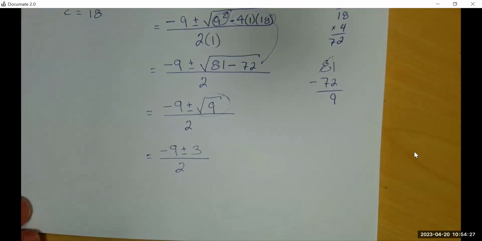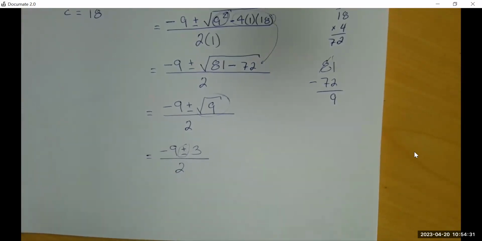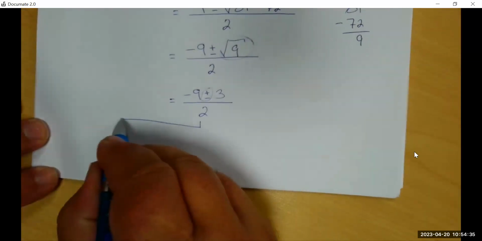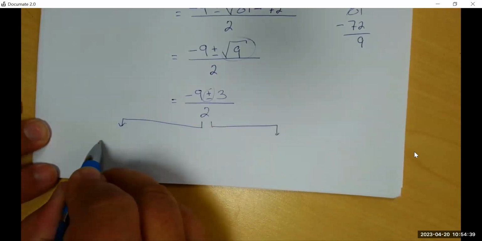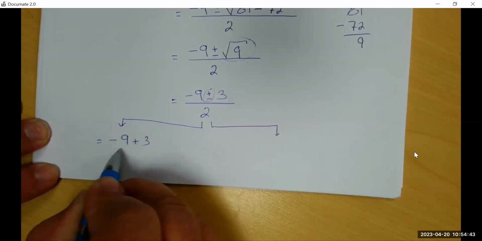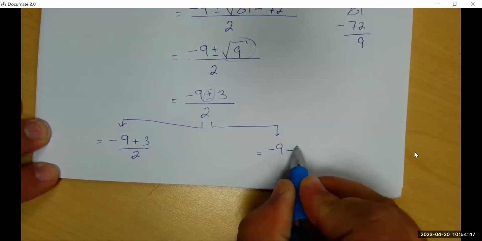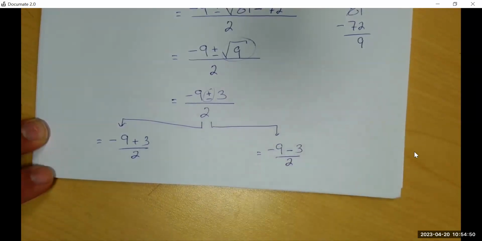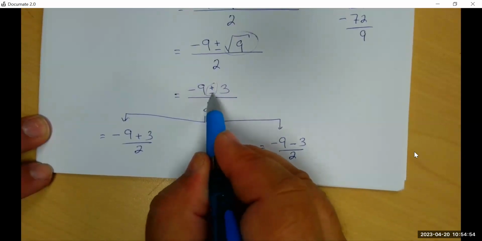All right, so now here's where the plus or minus comes into play. Remember, in quadratic equations, you have 2 solutions. You have negative 9 plus 3 over 2, and negative 9 minus 3 over 2. So you have to take 2 equations here. One has a plus, one has a minus.